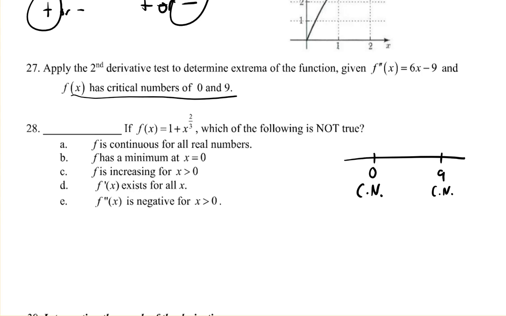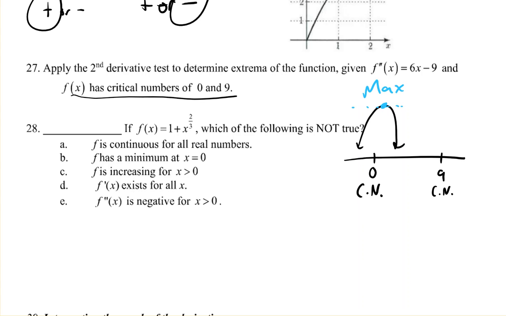But the second derivative test says plug them into, so not numbers around, plug the actual critical number into the second derivative. And if I plugged in 0, I get negative 9, which means this is concave down, which means that's a local max.